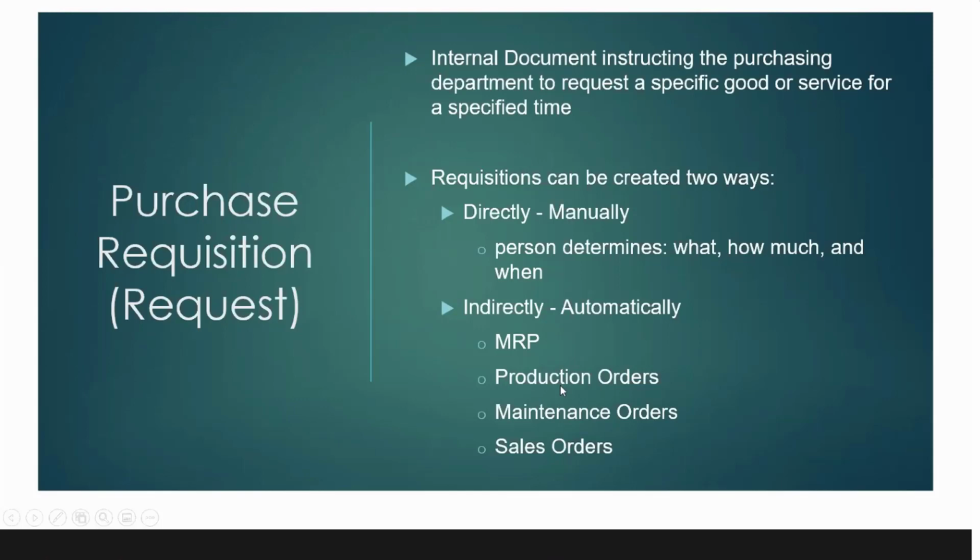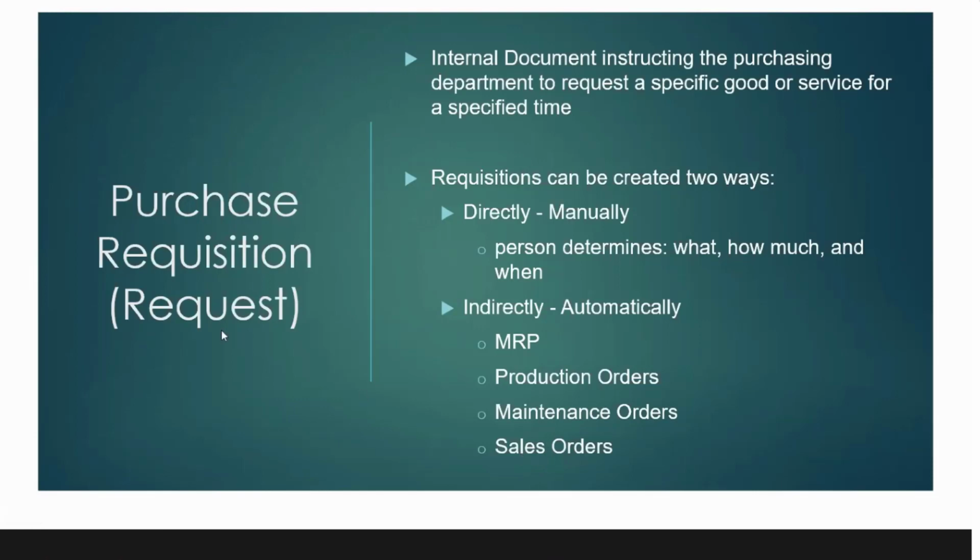You can also use the production order. We get the production order, but we don't have components, so automatically it will create a purchase requisition for the components. For the maintenance order, we want to do the maintenance but need a repair piece and we don't have it in our stock, so the maintenance order creates a purchase requisition to buy the repair part.